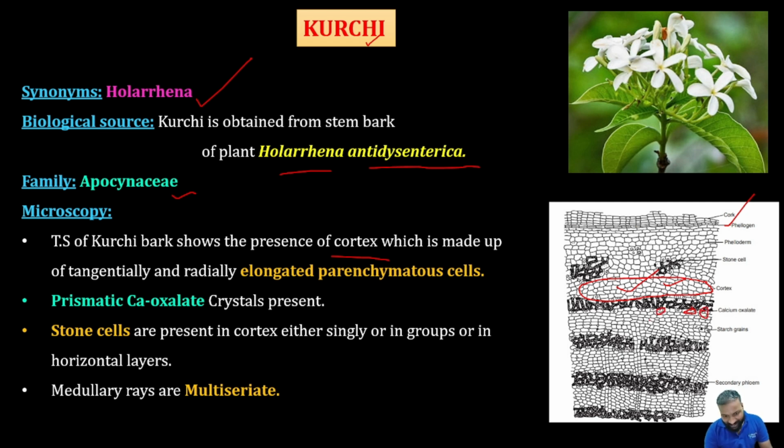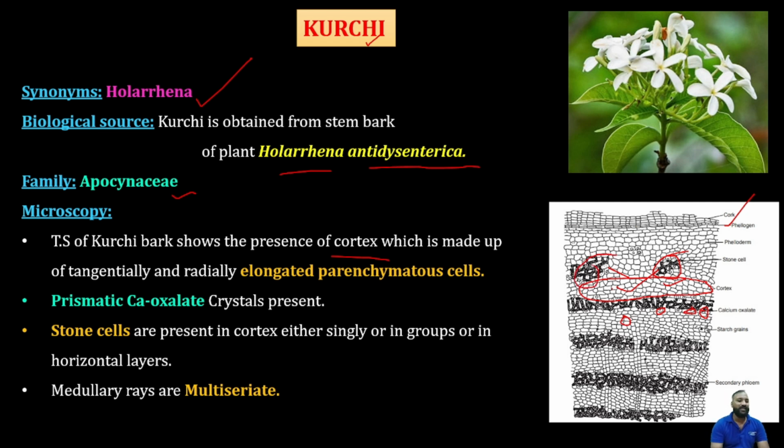Which type of crystals? Prismatic. The stone cells are present in the cortex either singly or in groups in horizontal layers. In this cortex, we can see some randomly placed stone cells, the black-colored ones.